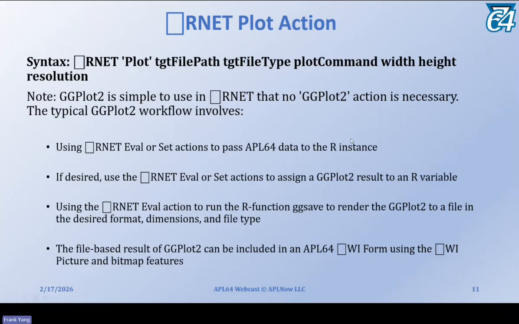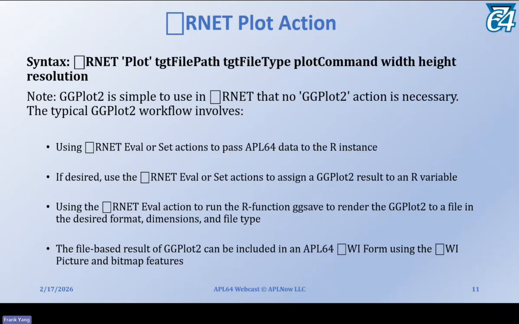Okay, so back in our slides. Please note that ggplot2 is simple to use in quad RNET. There's no ggplot2 action being created. The typical ggplot2 workflow involves using quad RNET eval or set actions to pass APL64 data to the R instance.